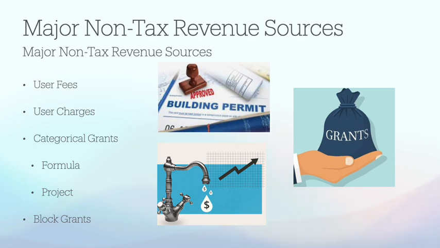One that maybe a lot of us have seen are the community development block grants, which are funding resources that can be used for housing rehabs, facility improvements, and essentially initiatives that promote neighborhood revitalization. So there's a lot of different types of non-tax revenue sources that local cities usually get funding for or utilize.